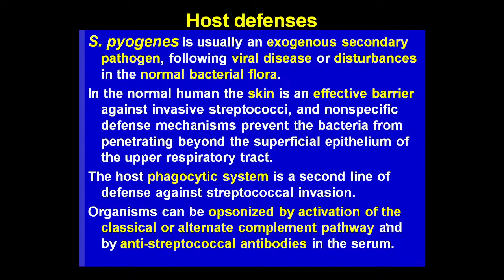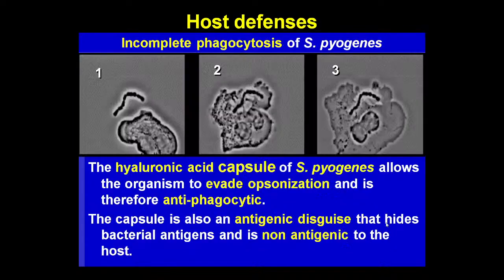The phagocytic system also works very well against streptococcal invasion, because the organism can be opsonized by activation of the classical or alternative complement pathways, and anti-streptococcal antibodies can be seen in blood.